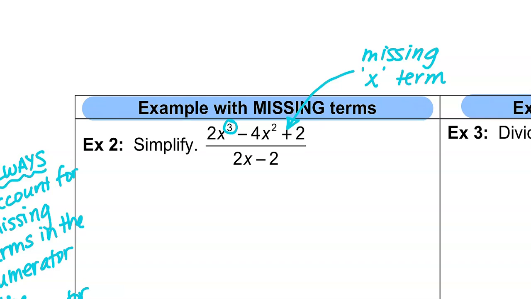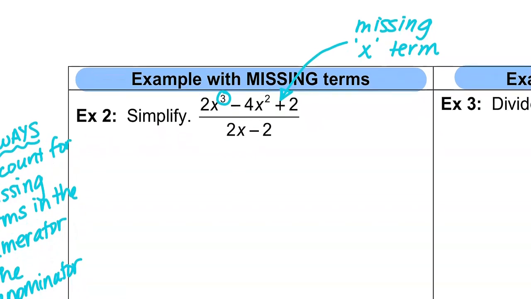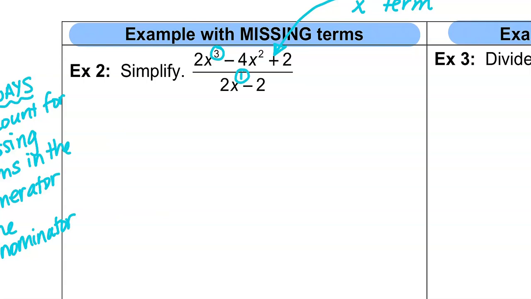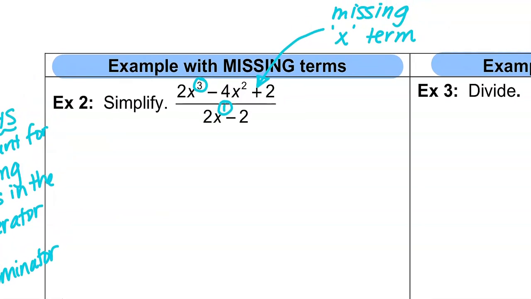What's the highest power in the denominator? Good. It's a 1. Okay, and then you just count down 0. Is there a term that has a 0 power? Yeah, it's the constant, minus 2. Okay, so what I'm going to do now is write my division symbol here.